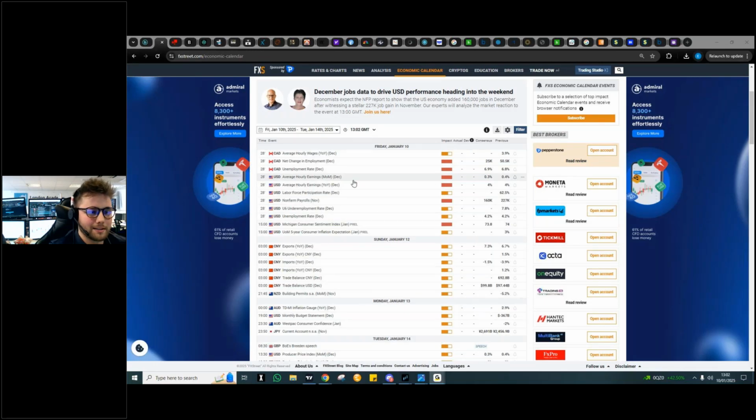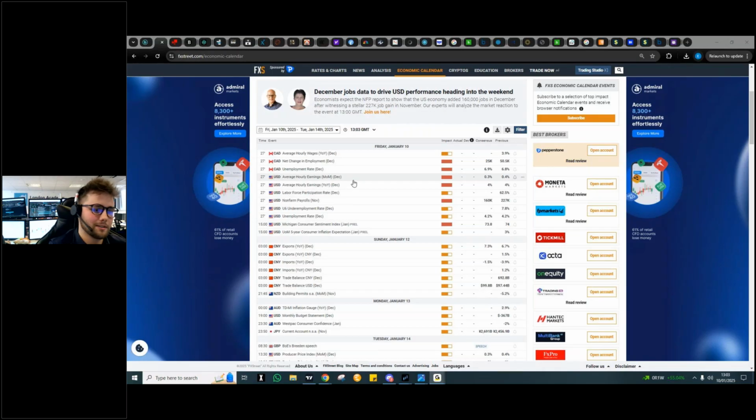Average hourly earnings, as it sounds, how much we are earning on an average basis in America, obviously, per hour. We have got non-farm payrolls, which, as we said yesterday, is the number of new jobs created in the previous month of December, excluding farm, agricultural, and military on the basis of the fact they are seasonal.